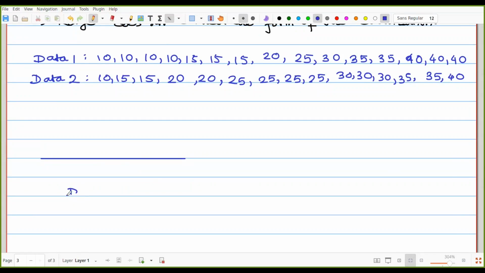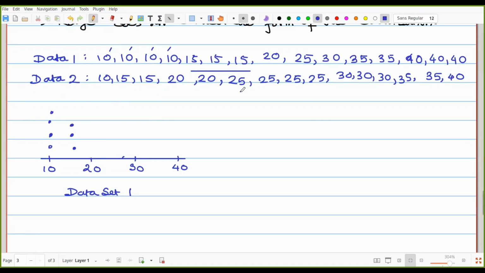Suppose that is for data set 1. Starting we consider 10, then 20, then 30, then 40. For 10 we have four 10s. For 15 we have three 15s.